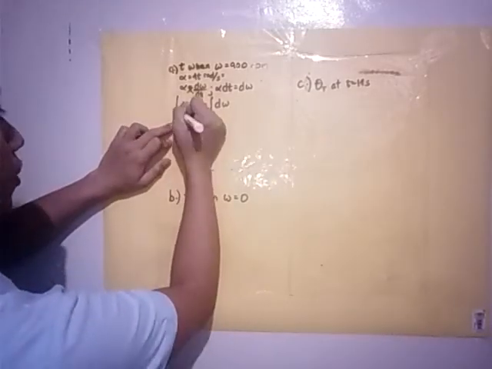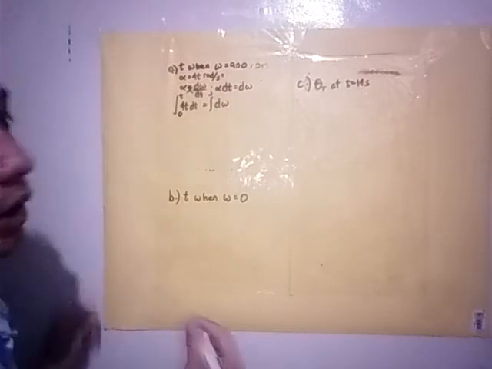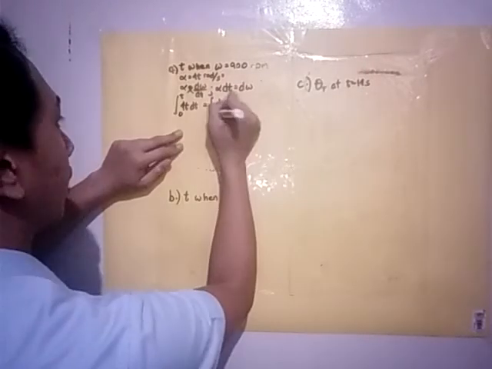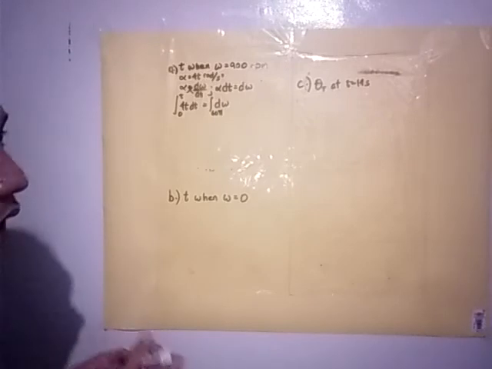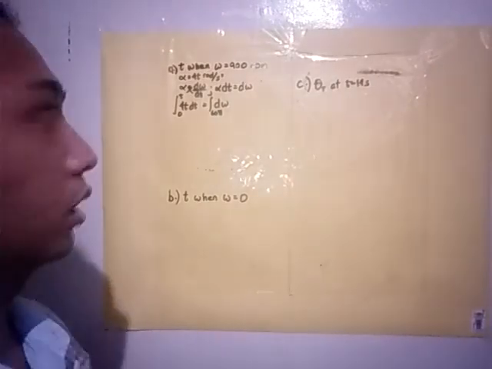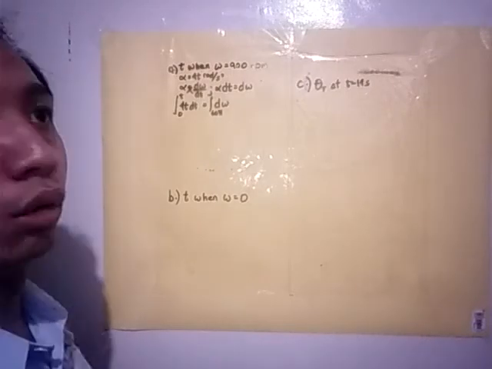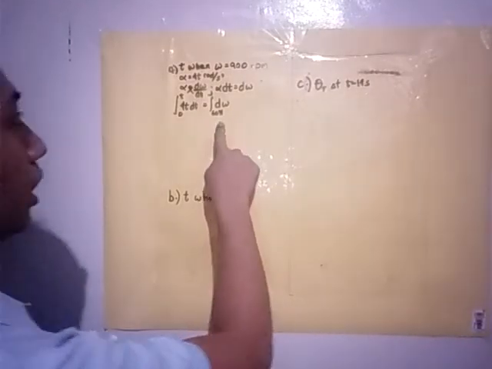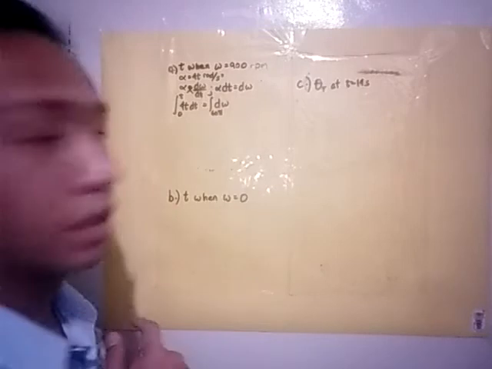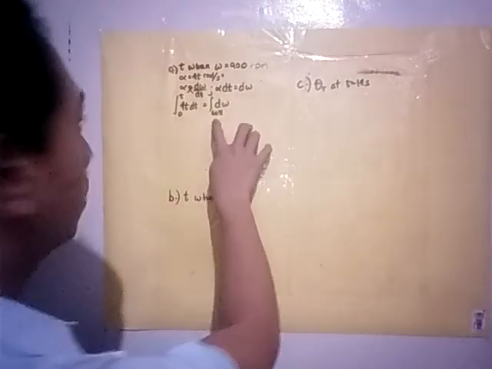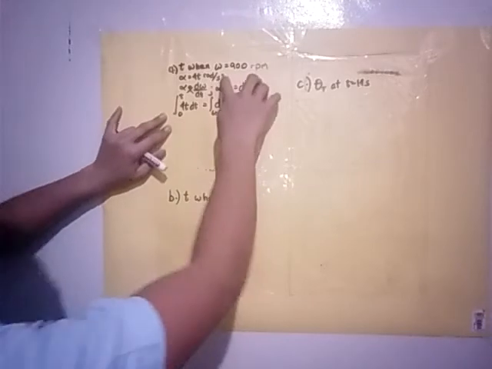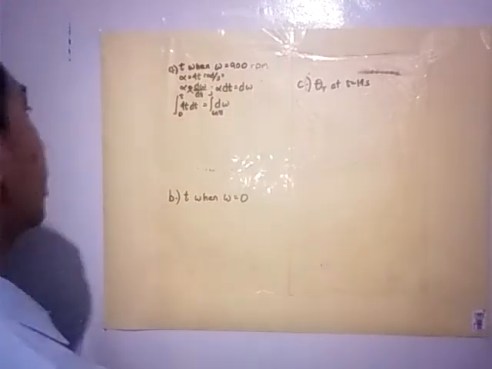with limits from 0 to the required time and from 65, our 1800 rpm, because 1800 rpm is also equal to 65 radian per second. Why I use 65? Because our 40 is in radian per second square.